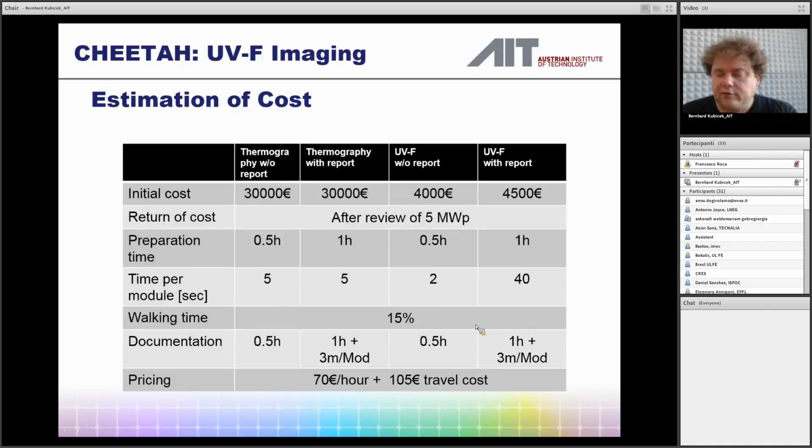We tried to estimate how much time we spent doing the evaluations, how fast UV fluorescence is compared to thermography, to understand if it pays off to do UV fluorescence. So we had the initial costs, we did the calculations even with travel costs to go to the plant and so on.